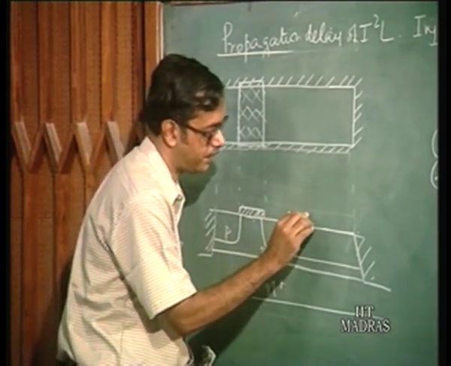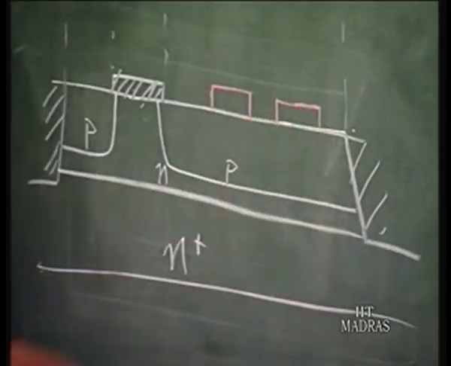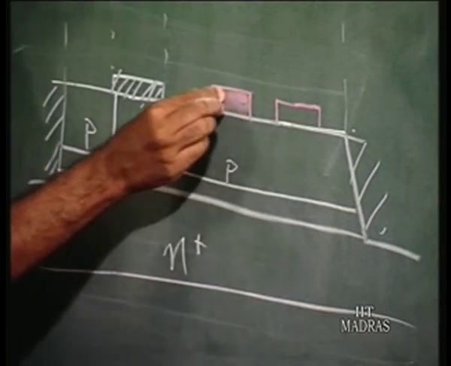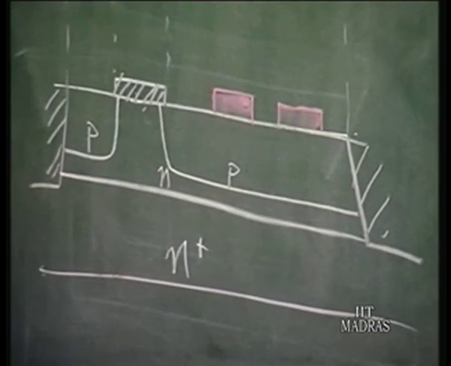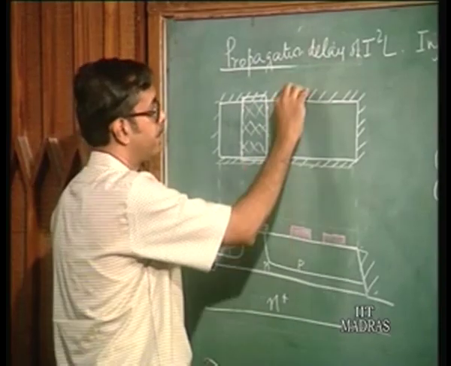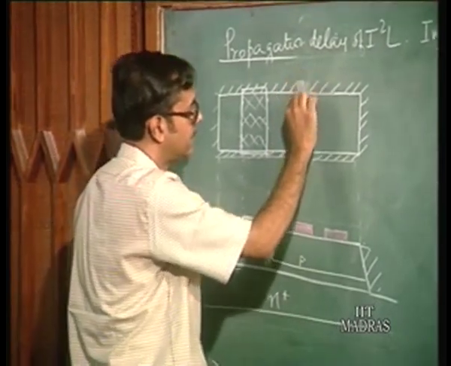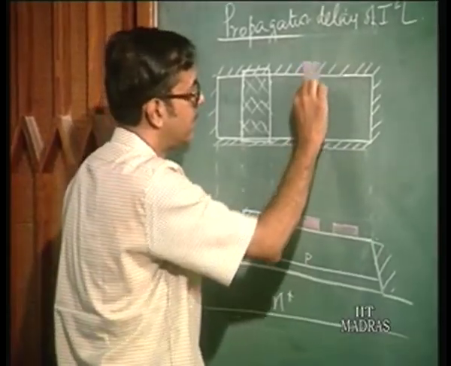Maybe these are the polysilicon regions. And from the mask, I just draw it like this, the top view, it looks something like this.